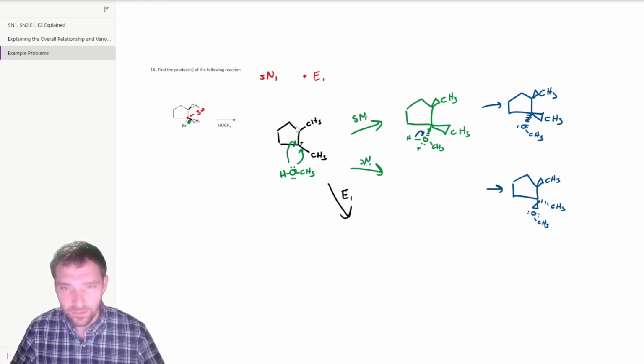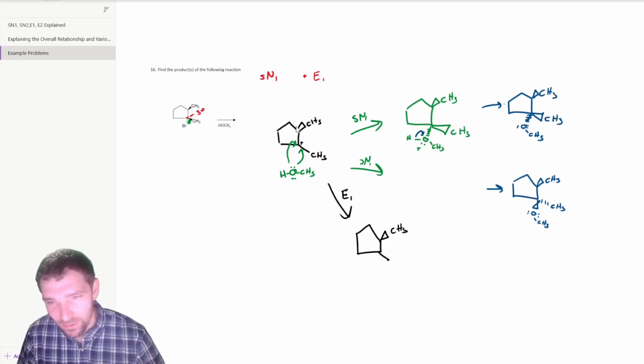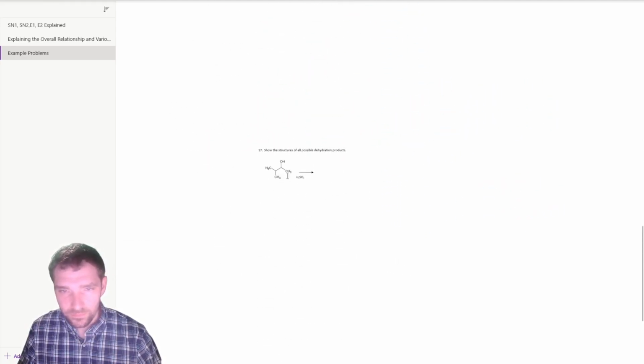So if you end up then having this do an elimination, you end up with, I should show that as kind of coming up and having that directionality. But this is going to end up forming that double bond like we did on that previous problem. It's very, very similar. Now one of these hydrogens is popping off and you get the double bond forming here. And so it's a very similar sort of reaction there.